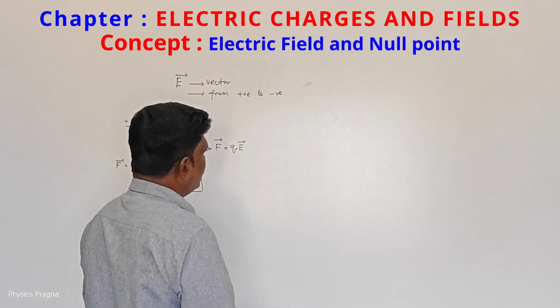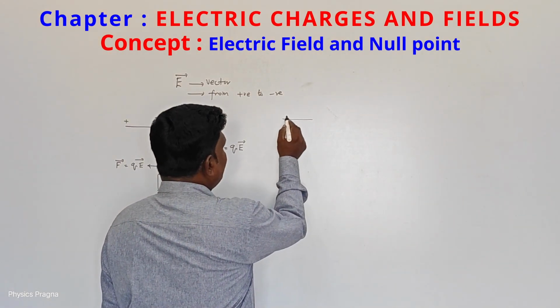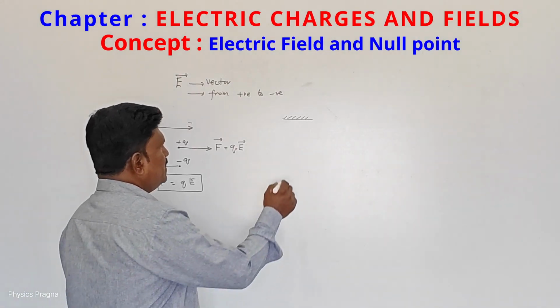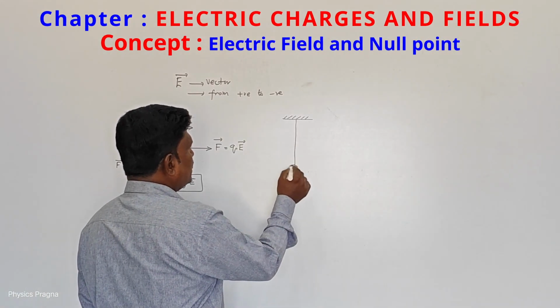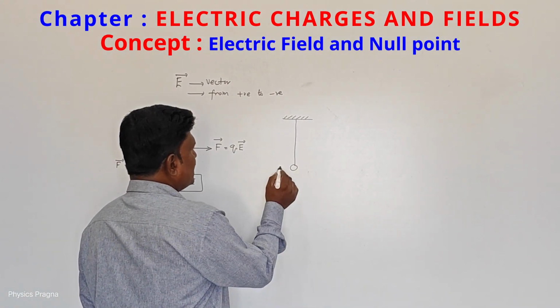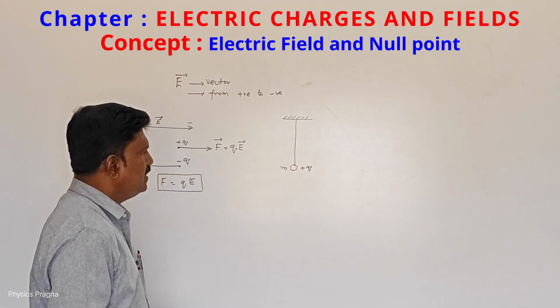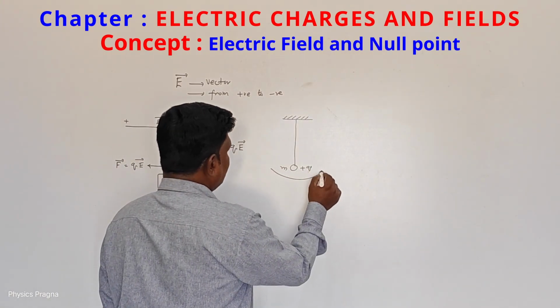See, suppose for example, many a time in exams, the NEET exam, they ask this: this is a pendulum. This pendulum is having mass m and given plus q charge, and it is oscillating.